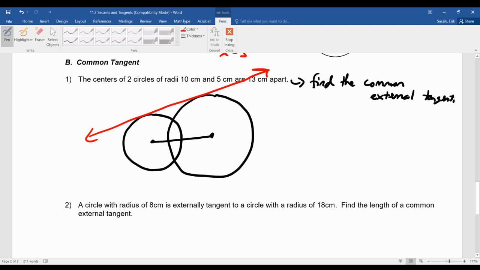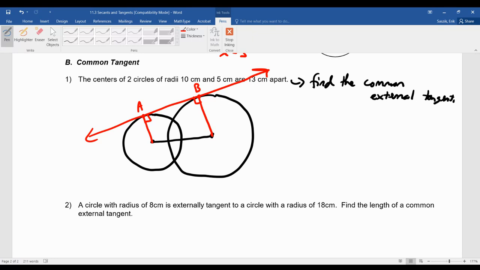Now what we do, once we draw in that common tangent line, we want to draw radii from each of the circle centers. Now remember, a radius to the point of tangency creates a right angle.